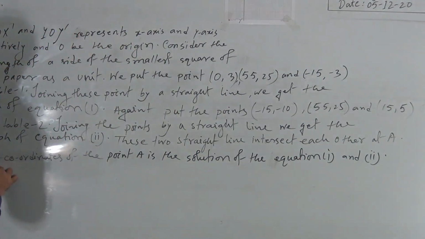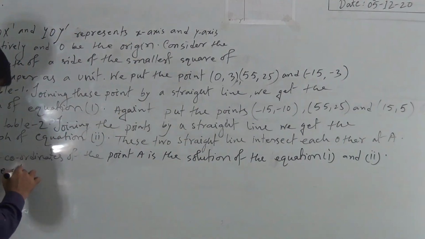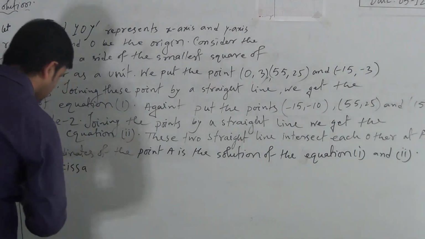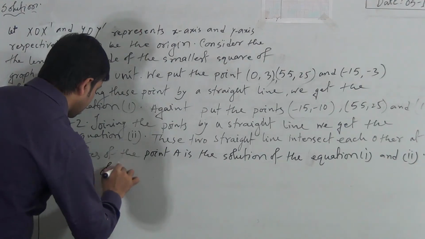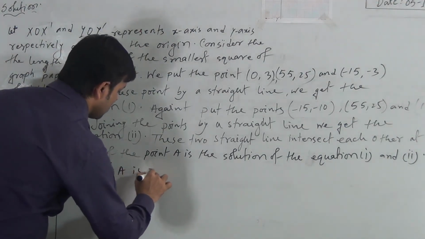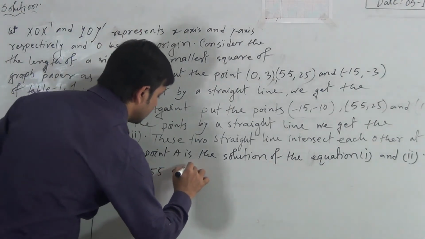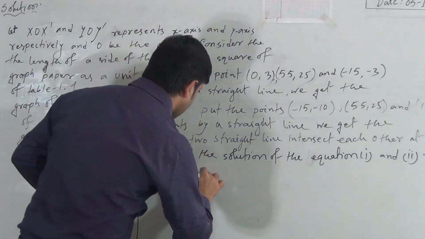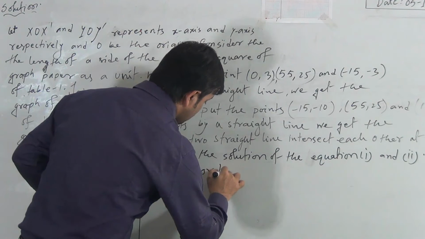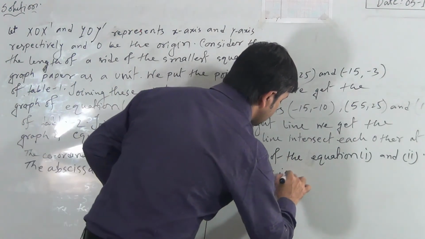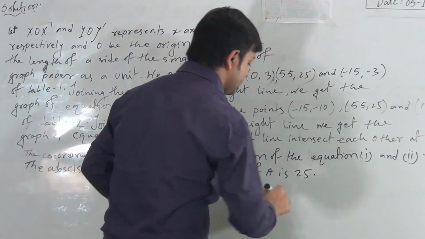The abscissa of A is 55 and the ordinate of A is 25.